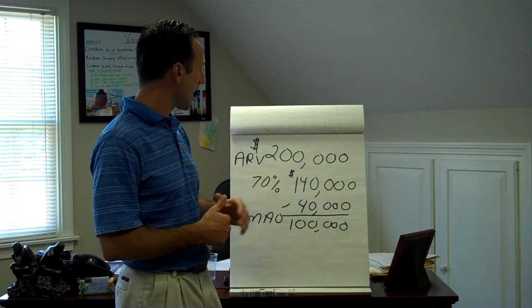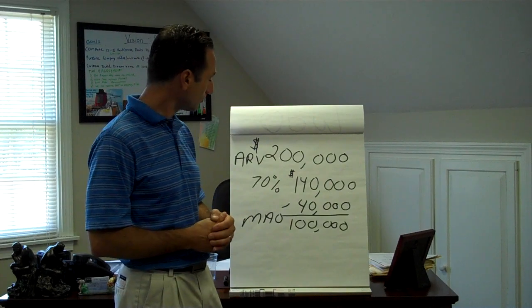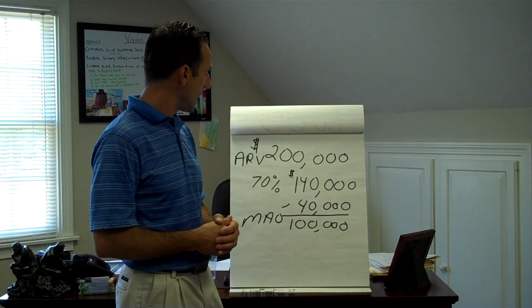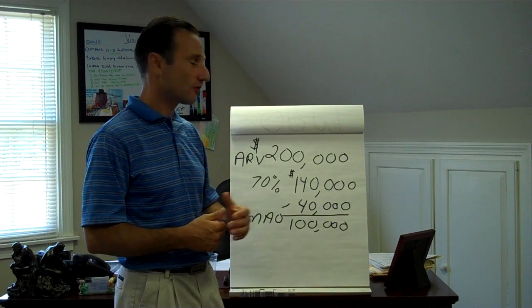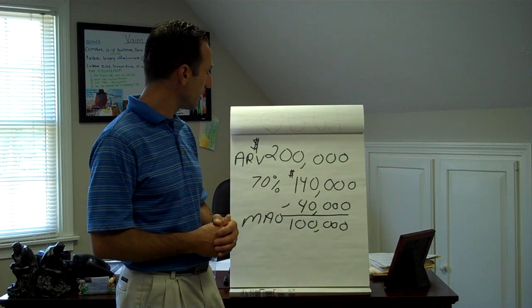If you broke that down, a good average would be about 10% for your carrying cost, maybe $20,000. The other 20% is what you're potentially going to project for a profit, anywhere from $30,000 to $40,000, which would be an extremely good profit on a $200,000 flip.